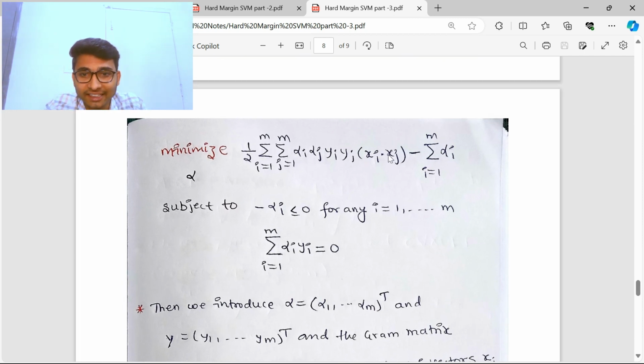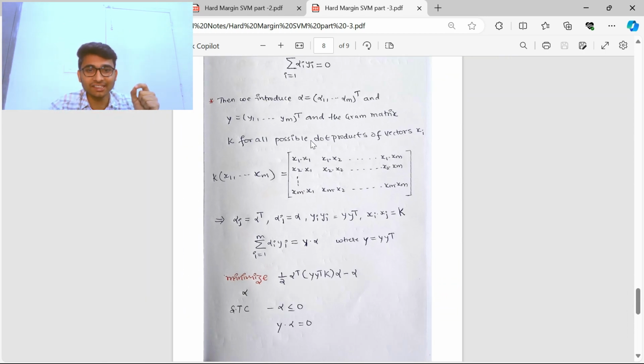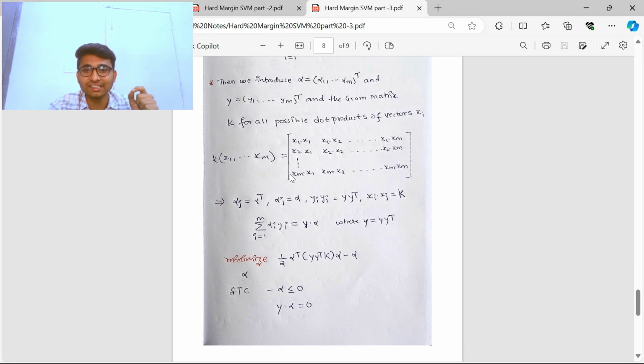See guys, this xi dot xj is nothing but a dot product of every vector with all the vectors. That I defined as K, and this is our matrix.